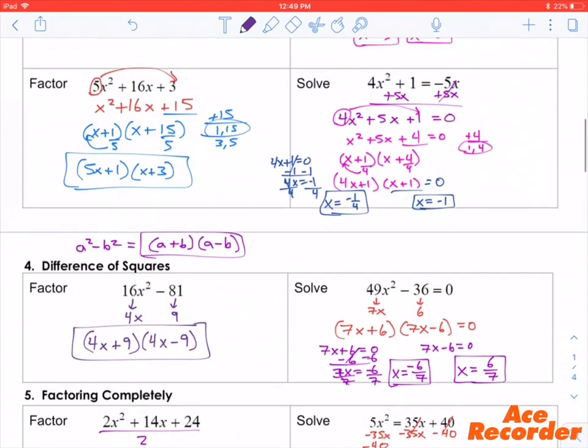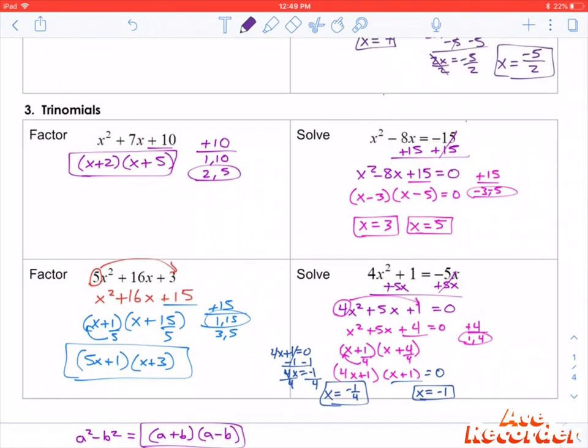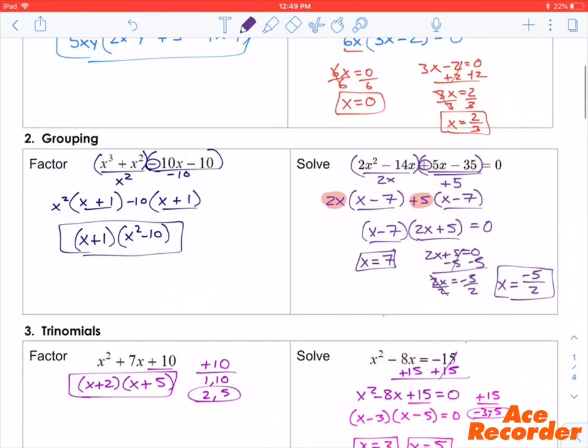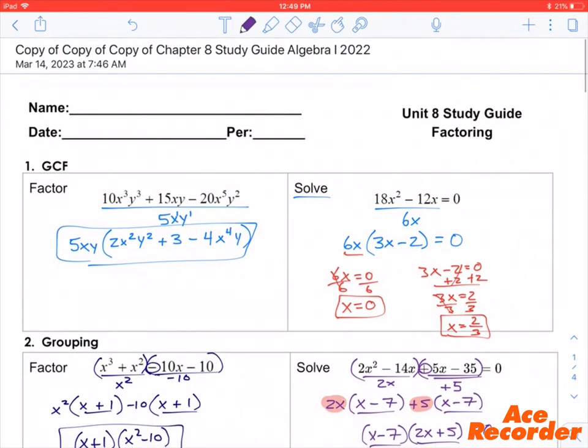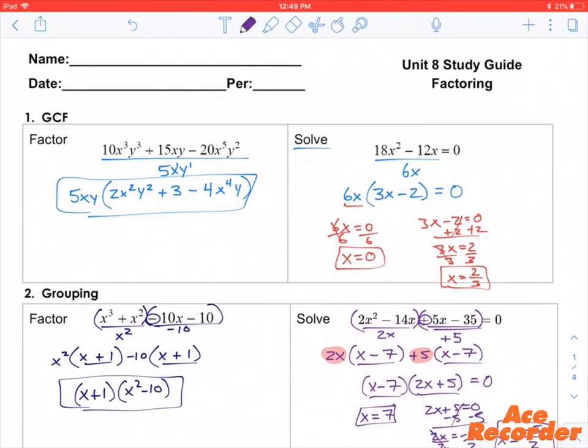And then these two, trinomials. And then the last section, the first section really, GCF and grouping. So any of those you need to pause or go back to, feel free to do so, and we'll be ready for our test tomorrow and Friday. Okay? Peace.